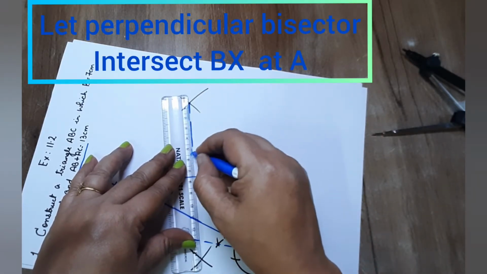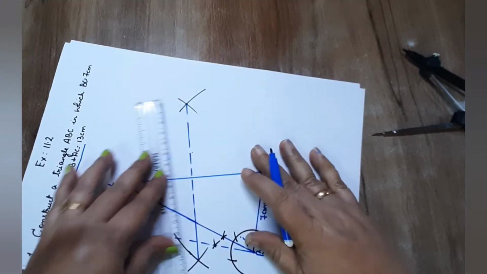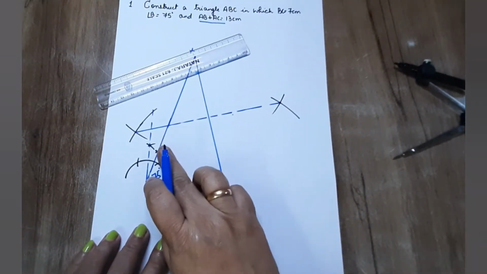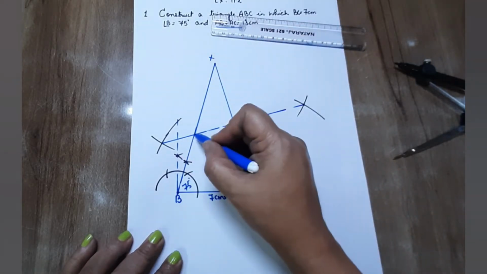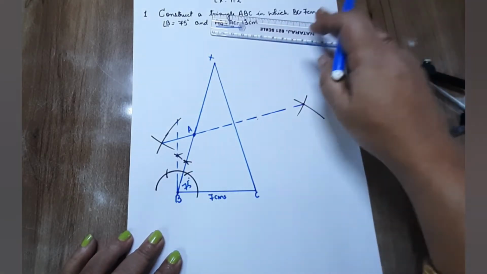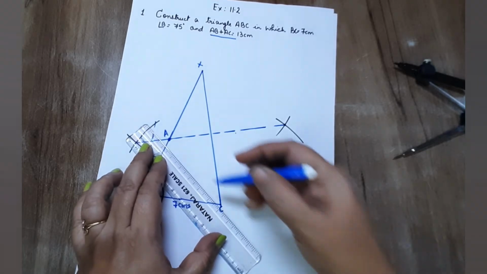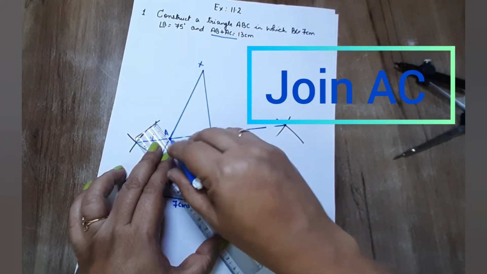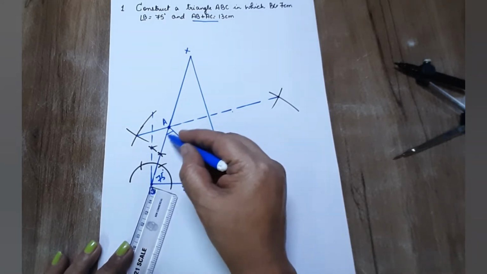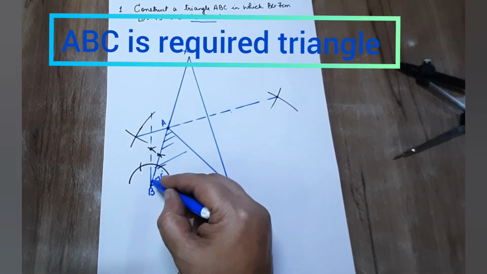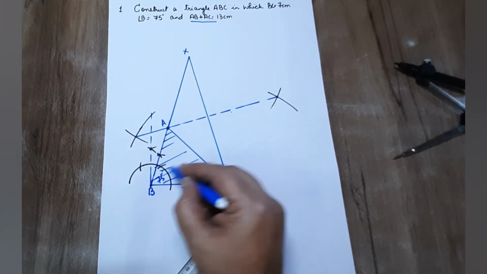Again, this is not a main line, so we'll draw a dotted line here where this bisector intersects XB. That point is required, and I'll take this point as A, the other vertex of the triangle. Now we got it. Our main triangle ABC is the required triangle over here.